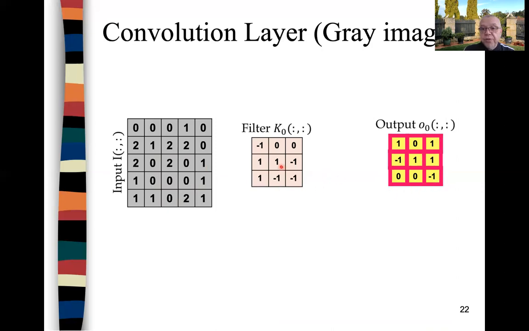Now, the first thing to notice is that I started with a 5 by 5 image, and I convolved with a 3 by 3 kernel, and I ended up with a smaller image. I would have liked to have a 5 by 5 image at my output, but it shrank. So there is a problem here, and we'll see how to cover it.